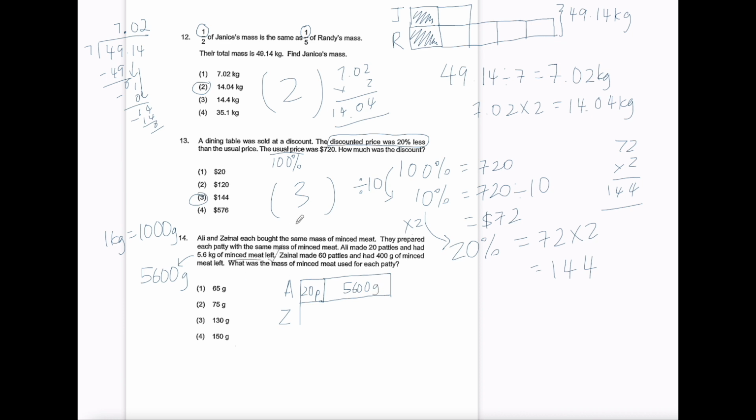Zainal made 60 patties and had 400 grams left. The reason why they're the same is because of this sentence: they bought the same mass of minced meat. So this will be 20 patties also, and this will be 40 patties, because 20 plus 40 is 60.